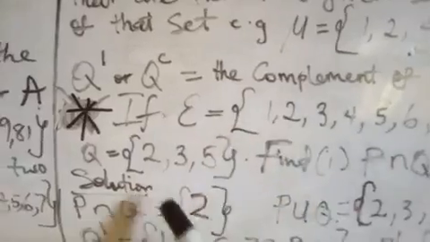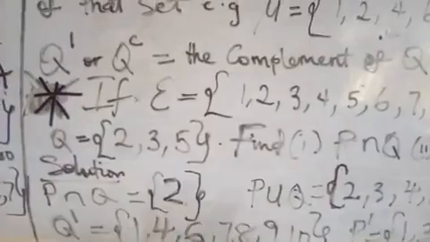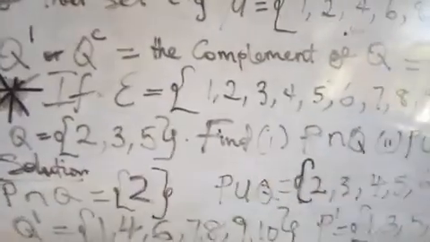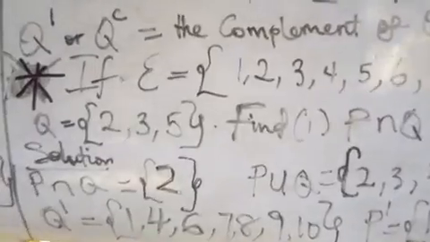So those that remain after we have removed those of Q are what we call the complement. So which ones remain when we remove 2, 3, 5? 1, 4, 6, 7, 8, 9, 10 remain. So those are the complement of set Q.